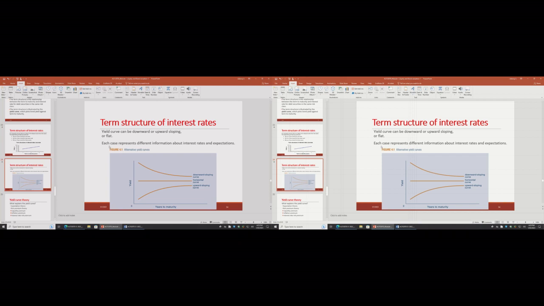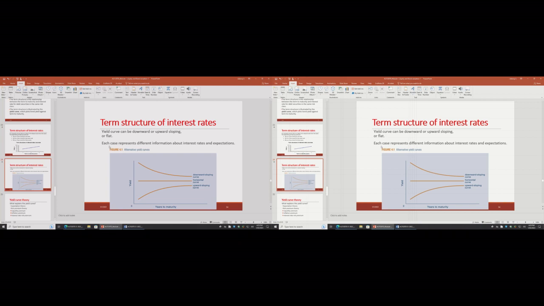So a downward sloping curve usually occurs just prior to a financial or economic crisis. Why is that? If people can foresee the economic crisis, the investment environment will be uncertain in the short run. Everything will be uncertain.